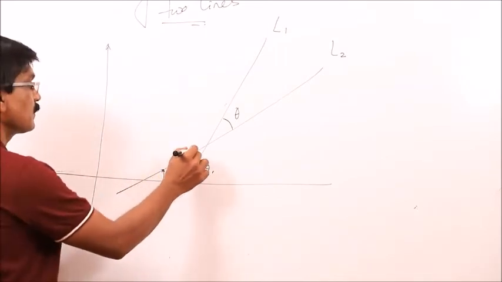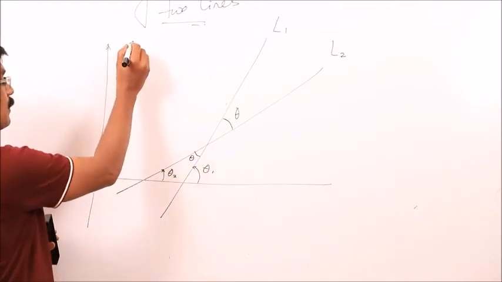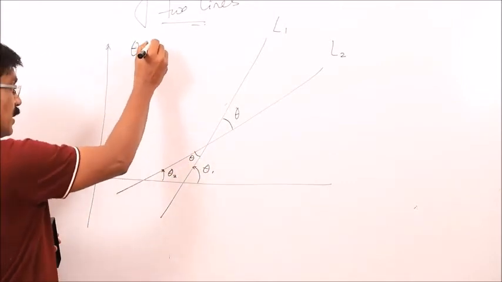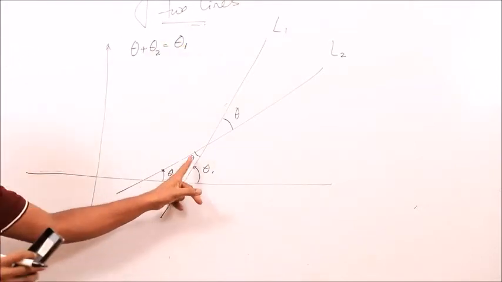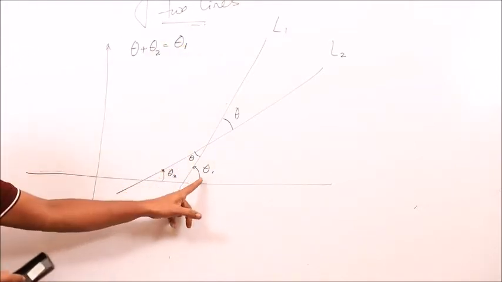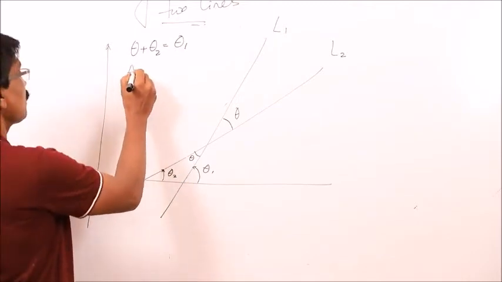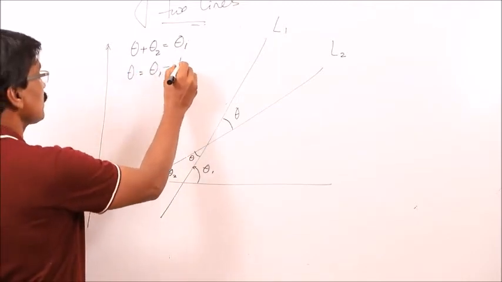Then we have, this is theta, then we have theta plus theta 2 is equal to theta 1. So, these two are internal angle. So, theta is equal to theta 1 minus theta 2.